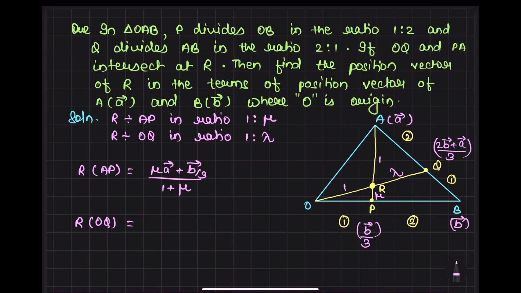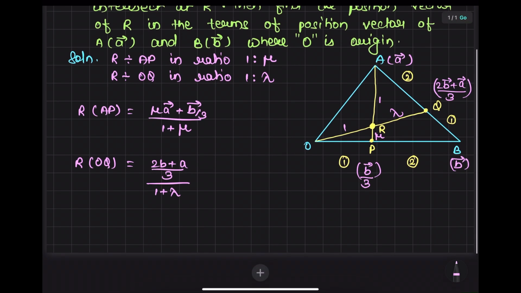We do the same idea: it is (2B plus A) by 3 plus lambda times 0, upon 1 plus lambda. So we got both R and both are representing the same thing, correct? So let's simplify. This thing will become (3 mu A plus B vector) upon 3 times (1 plus mu).